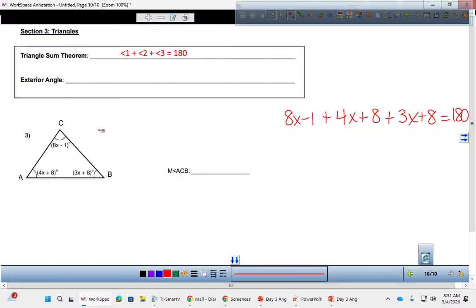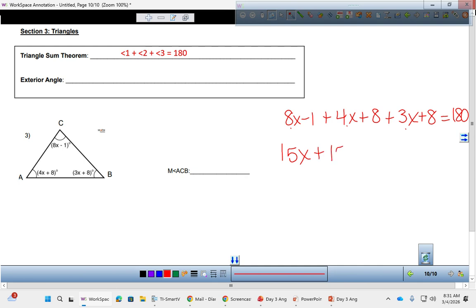From here, we're going to combine like terms. So I've got 12, so 15 in terms of my X. And then I've got 8 and 8 is 16 minus 1.